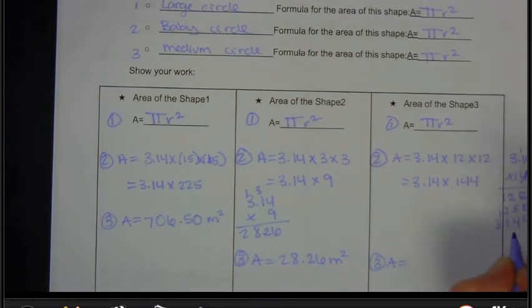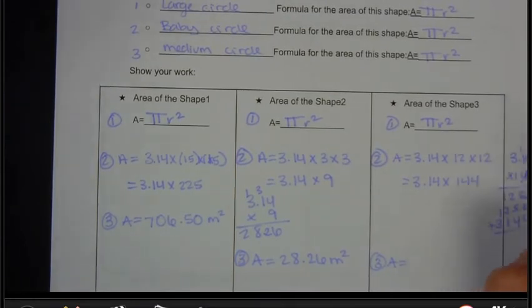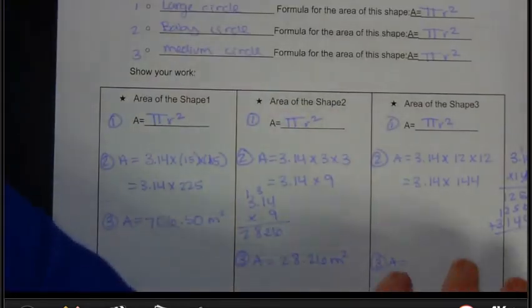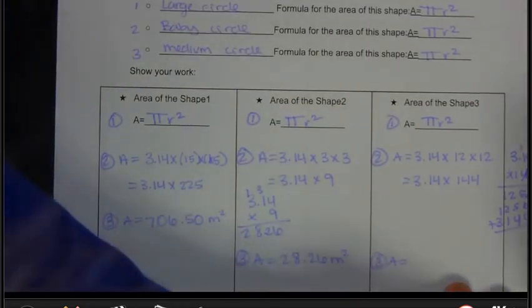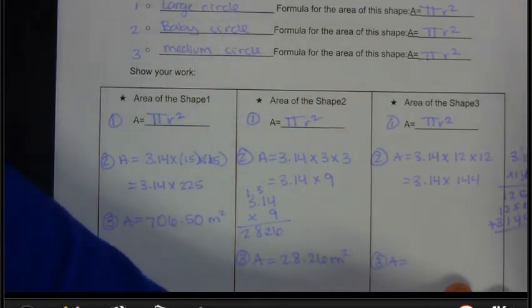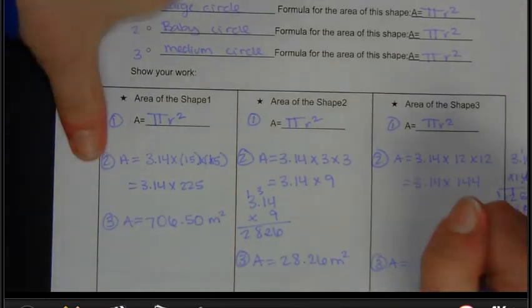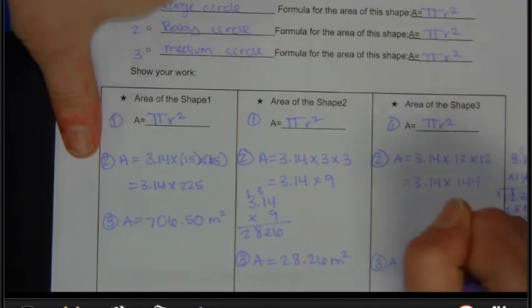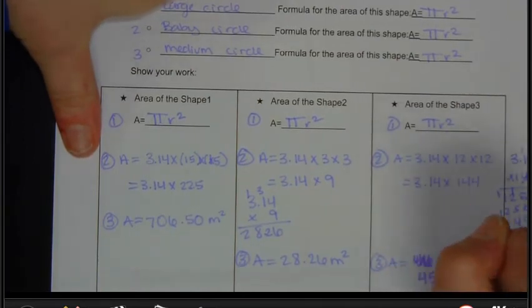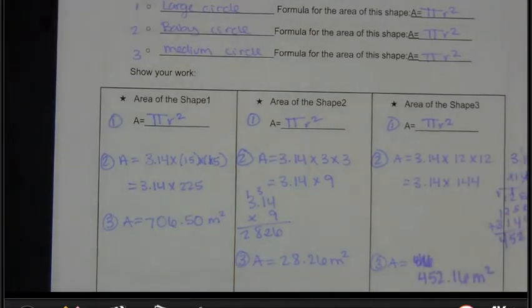Wait, that's supposed to be a 6. I need to fix my numbers. I should get 452.16. Just double checking myself. 452.16 meters squared.